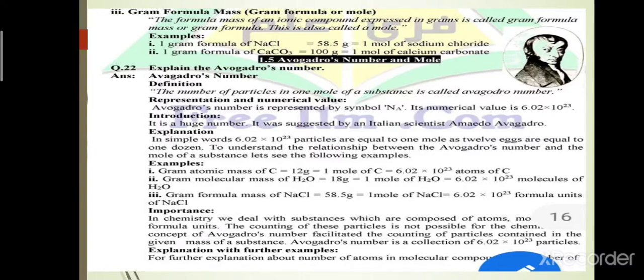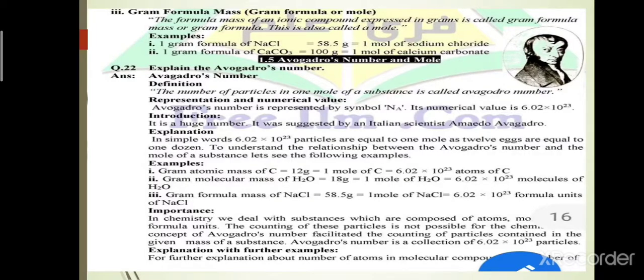So we can simply say that 1 mole of water is formed of 6.02 × 10^23 water molecules inside it.